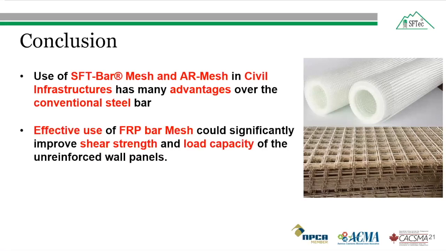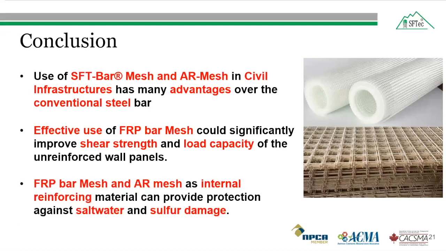As seen in the case study of fiberglass mesh, the effective use of fiber reinforced polymer mesh could significantly improve the shear strength and load capacity of the unreinforced wall panels. And due to the alkaline resistance, the mesh can be used as roof and wall protection, which can prevent salt water and sulfur damage and improve the service life of the structures.